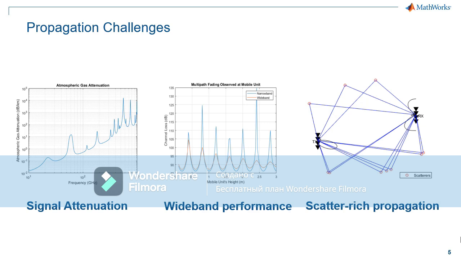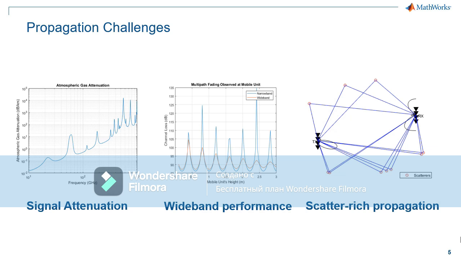The minute you decide to go to millimeter wave and higher frequencies, signal attenuation becomes a real problem. In systems with very broad bandwidths, frequency selective fading becomes a real problem. Then you have to seriously look at multi-carrier systems like OFDM, OFDMA, and channel estimation and equalization in order to combat the effect of frequency selective fading.